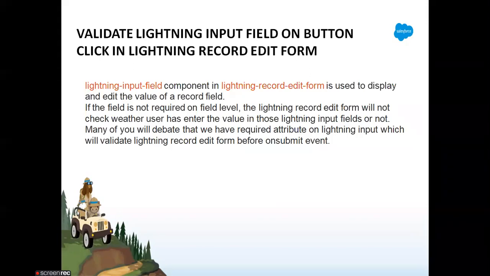We can directly use the required attribute on Lightning input field, which will validate the Lightning record edit form before the on submit event. That means until the user enters the value in that particular field, you are not able to submit your form.